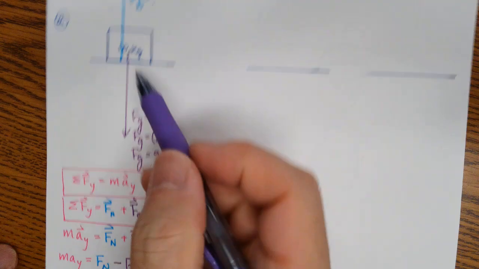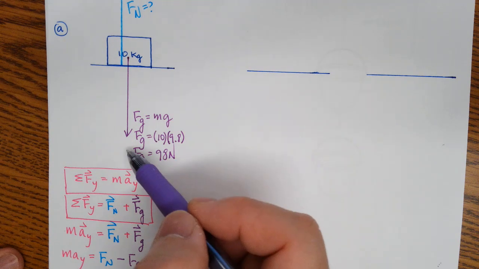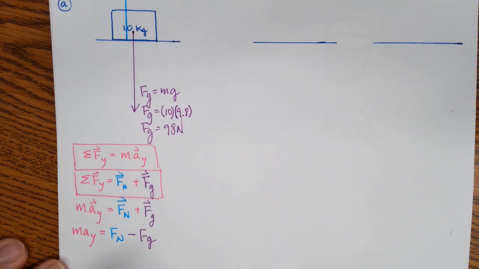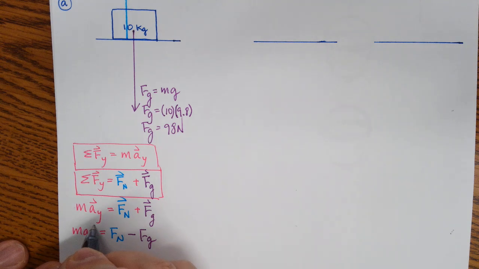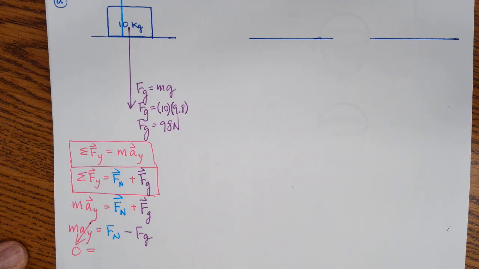But is this box of chocolate accelerating through the floor, or is it levitating off the floor at all? No. So my acceleration in the y direction for this chocolate is 0. So my F normal minus Fg is equal to 0.